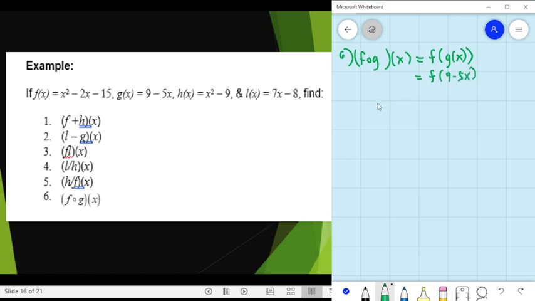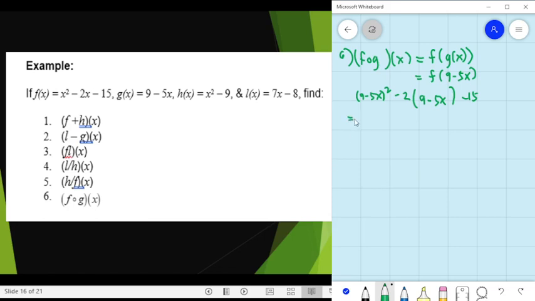Okay, so since we have here f of 9 minus 5x, it should be the quantity 9 minus 5x squared minus 2 times 9 minus 5x, then minus 15.